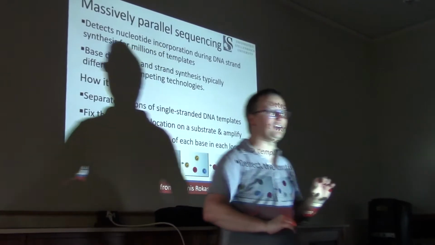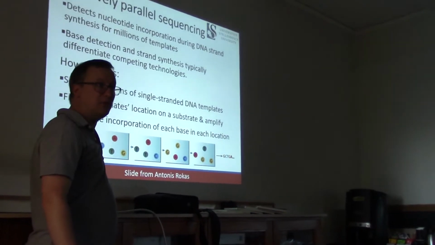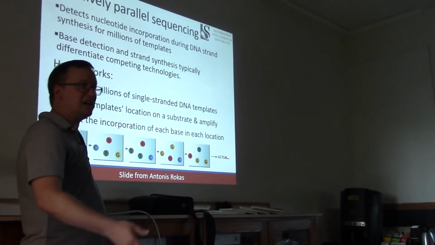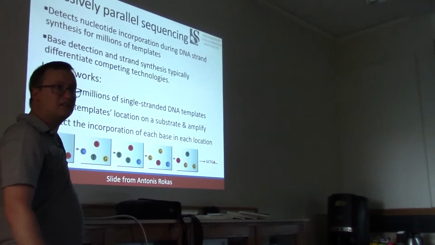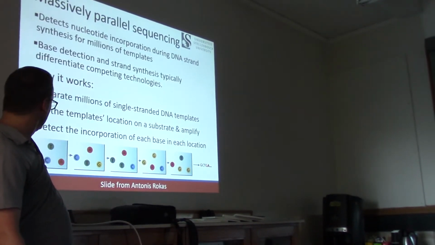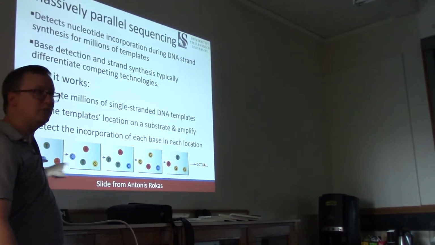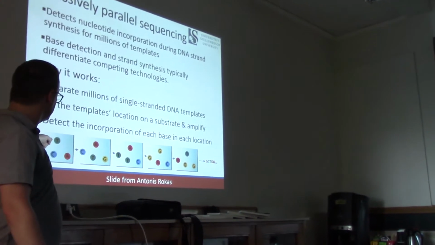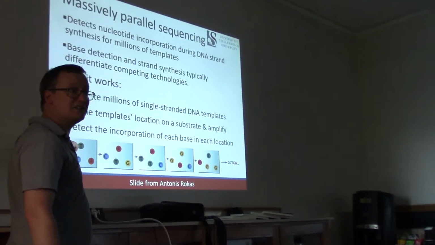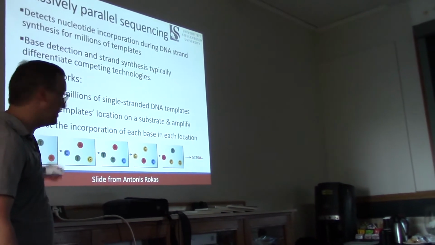At the first time point, we incorporate nucleotides for each of the templates at each of the locations. And we get a little spot of green up here, a little spot of orange, or yellow over here, red over here, and blue over here. That tells us that the first nucleotide at this location is a T. The first nucleotide at this location is a G, and so on.